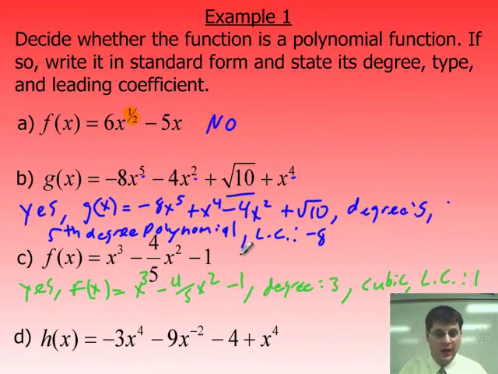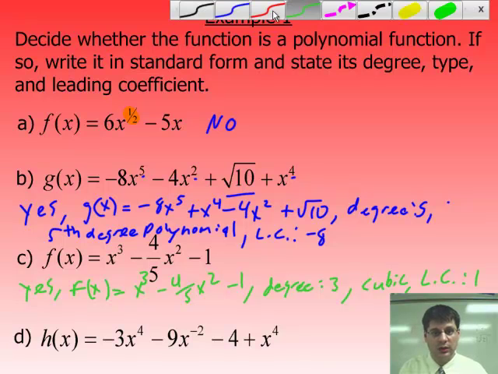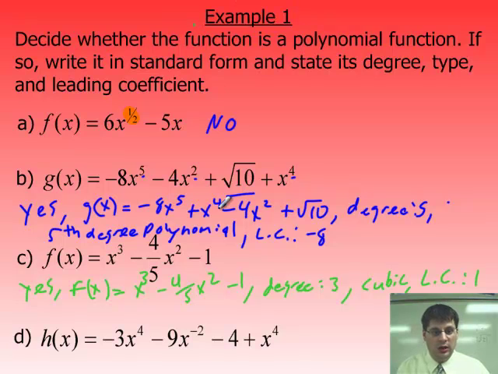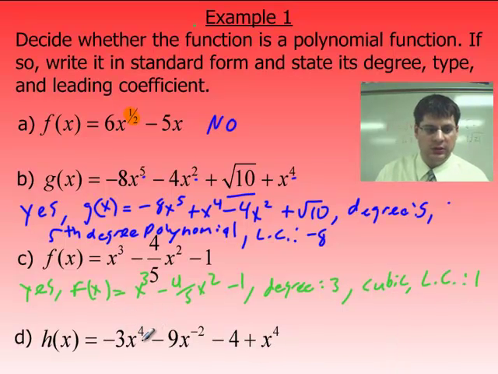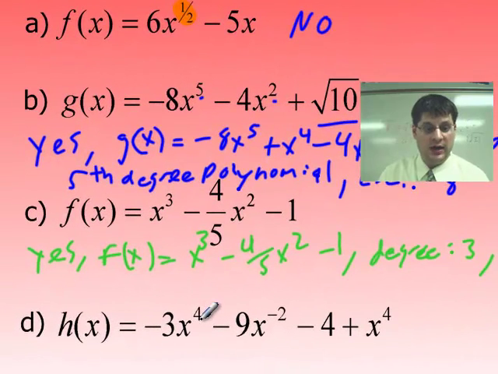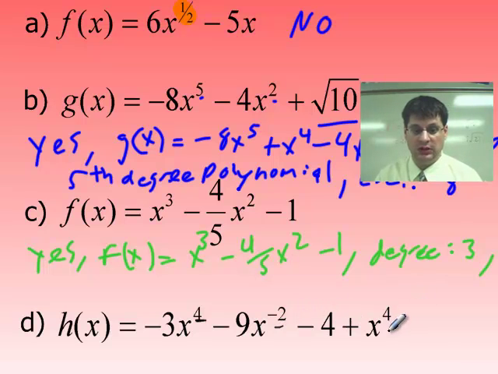Now, the last one, I look at it and I'd say, oh, well, I notice here that we have a 4, a negative 2, there is no exponent, and a 4.